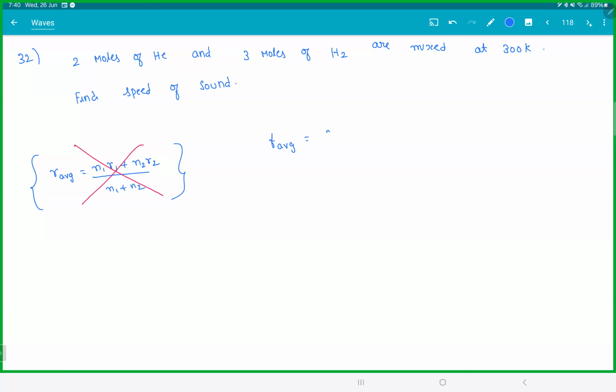So F average would be 2 times 3, helium is 3, plus 3 times 5, hydrogen is 5, by 2 plus 3, which is 21 by 5. You also have to find the average molecular weight. That is again N1 M1 plus N2 M2 by N1 plus N2.